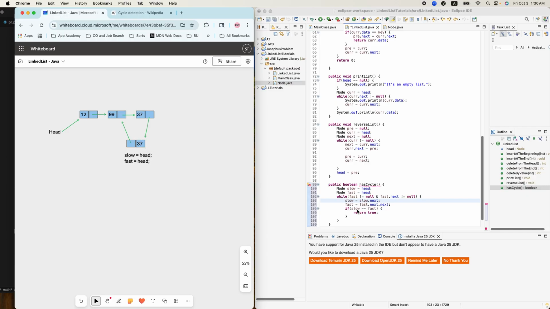If this time we say is slow equals to fast, it says yes, returns true. That means there was a cycle. But if you come to a point that fast is null or fast.next is null, then that means there was no cycle, and we say return false.